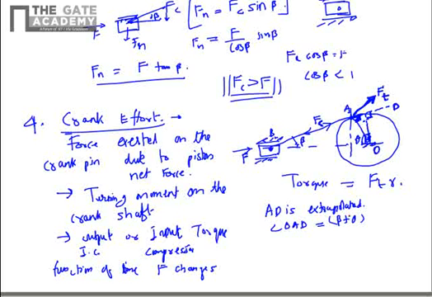Now you know that Fc is acting along the line AD. If Fc is acting along AD and the perpendicular from O is drawn to AD, let's say the distance is P. So the distance OP multiplied by Fc will also be the torque, the turning moment.